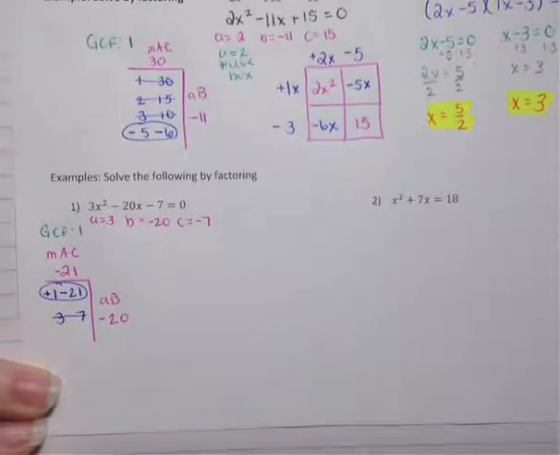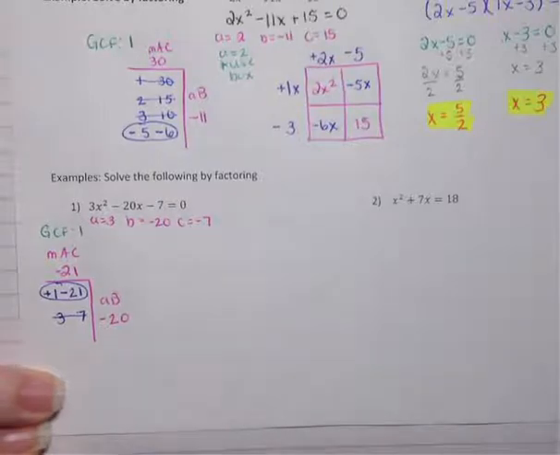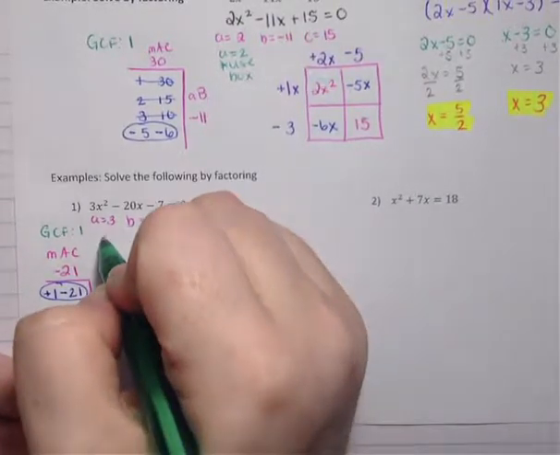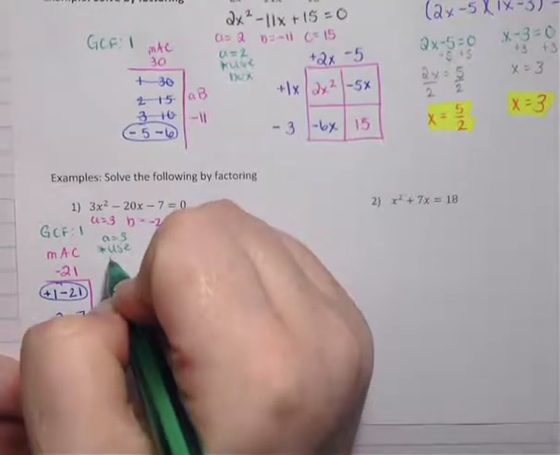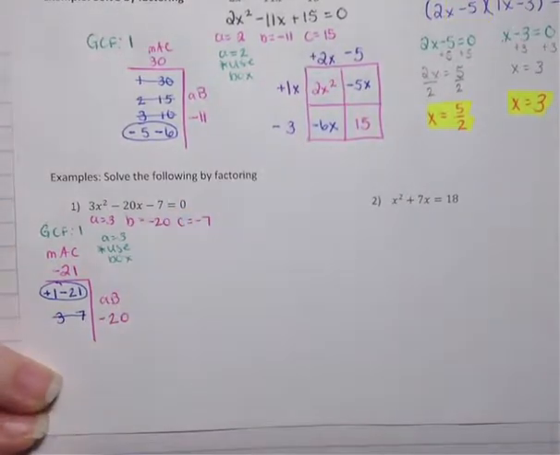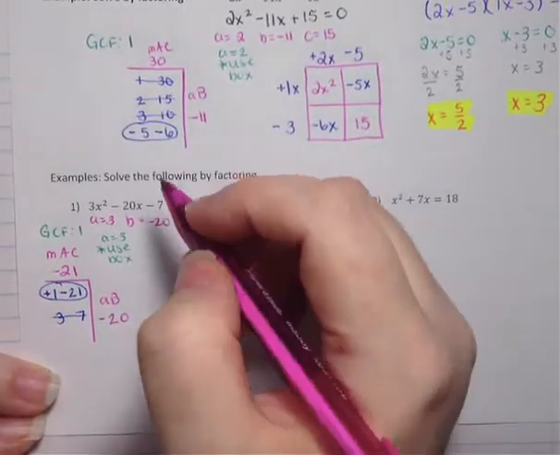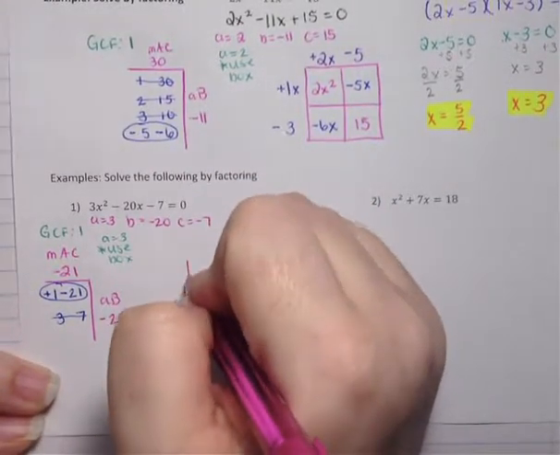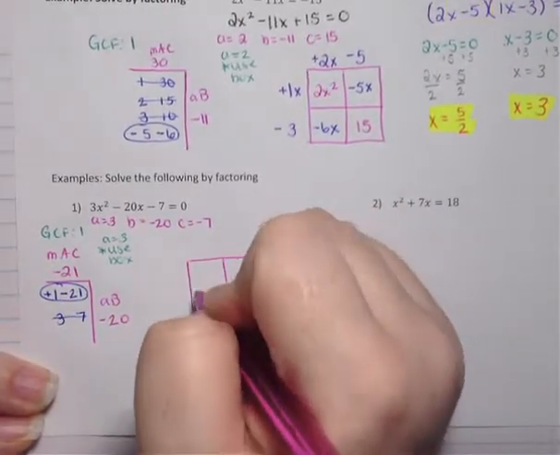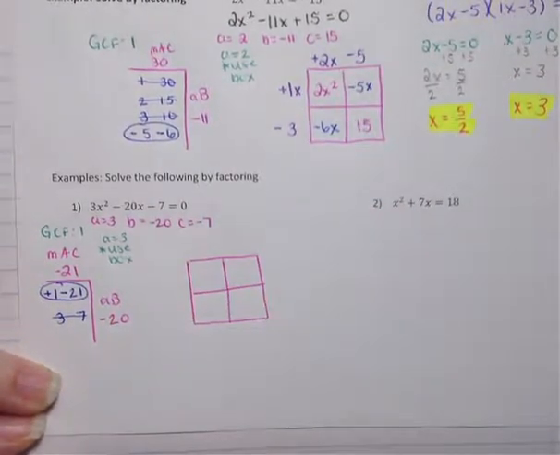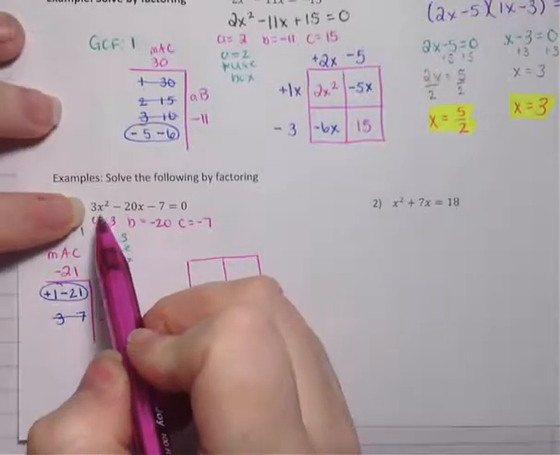Now we want to determine if we need to use the box. Since A is equal to 3, we must use the box. If A was equal to 1, we would not have to use the box. We could go straight into our factors. So I'm going to write out my box over here. And inside this box, I go to my standard form.